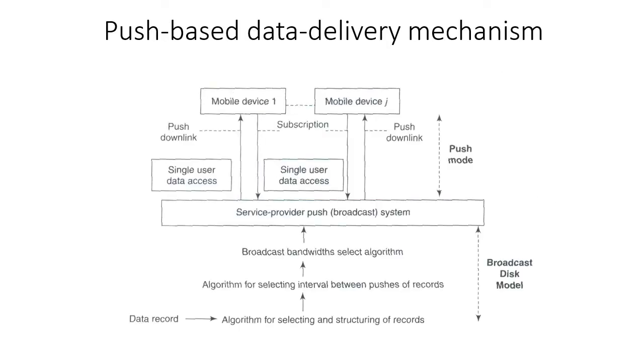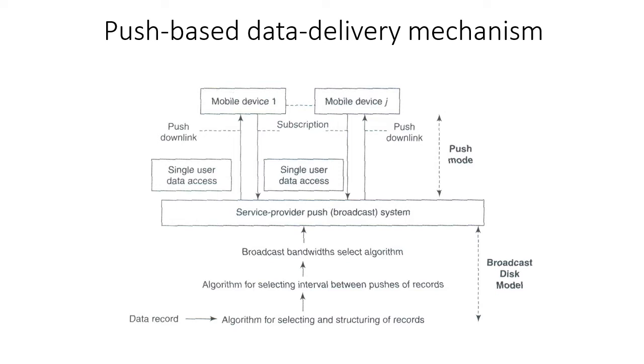The general architecture of the push data delivery mechanism is something like this. As you can see, the server you are connecting to is the service provider, or otherwise we call it a broadcast system. This is the algorithm for selecting and structuring the records, shown with an arrow mark here. Once the selecting and structuring is over, the intervals within which the push message should come to you are decided by an algorithm, and then within the broadcast bandwidth of the selected algorithm, it is sent to the service provider.